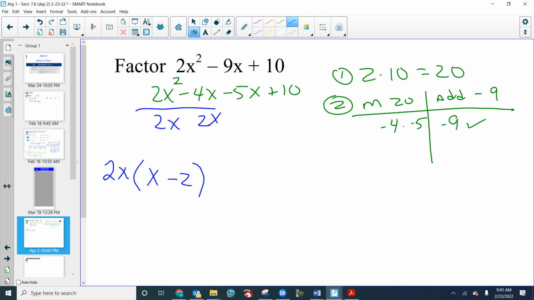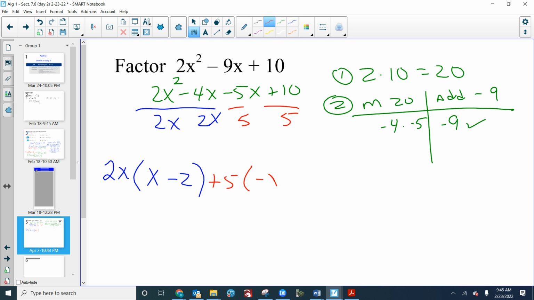Makana, what do I want for my GCF for the second grouping? 5. You're close. Negative. Yeah, that first term's negative, so I want to make it negative. Hey guys, let me show you something just for the sake of showing you. Let's say we skipped that negative and took out a 5.